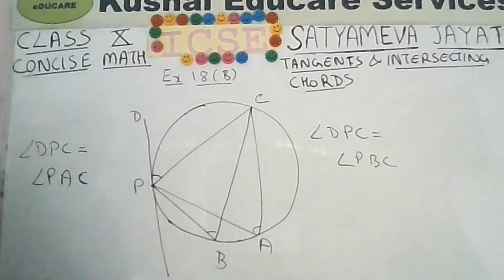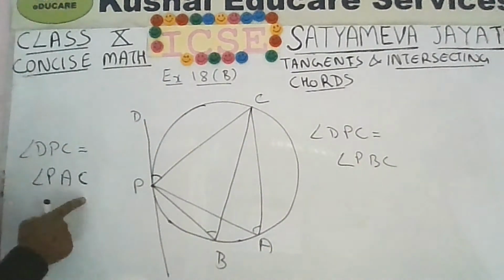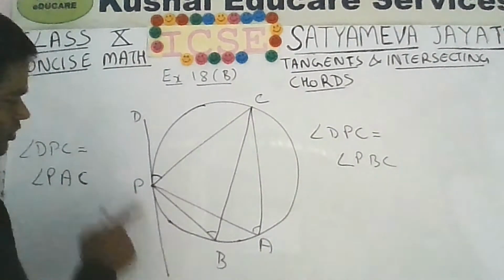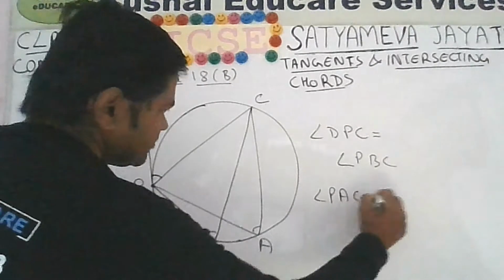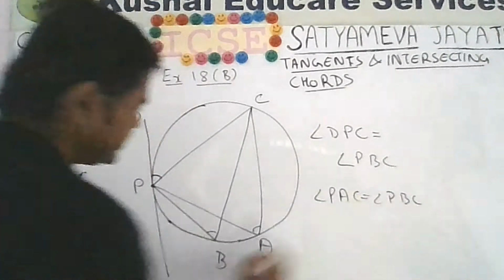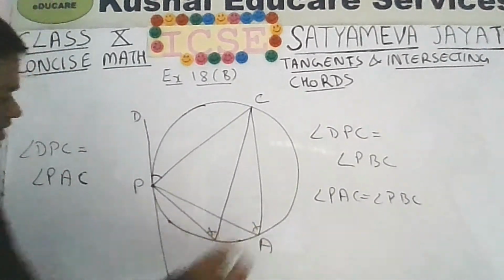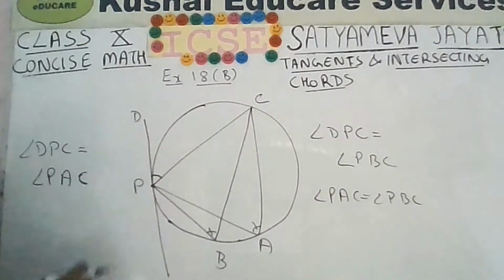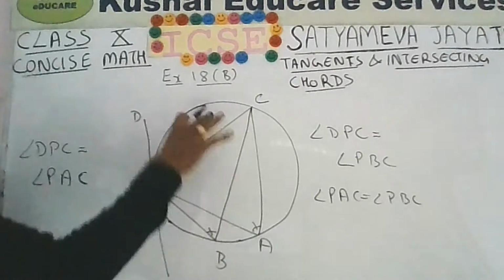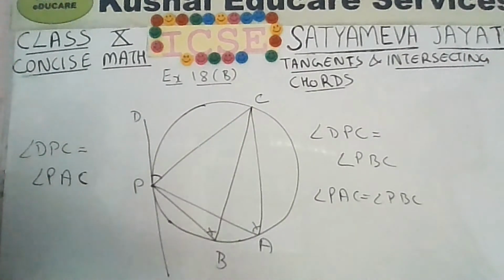So like this way also you can conclude that angle PAC will be equal to angle PBC, isn't it? These two angles will be equal because they are subtended by the same arc CP. So angles subtended by the same arc CP must be equal.